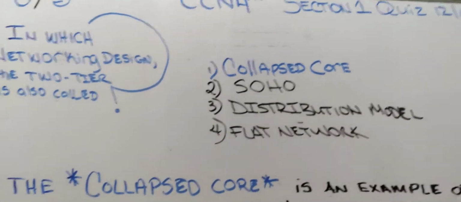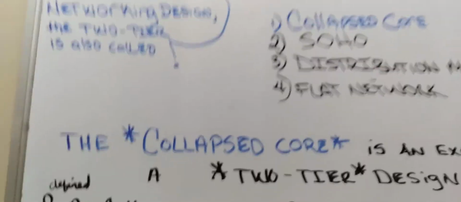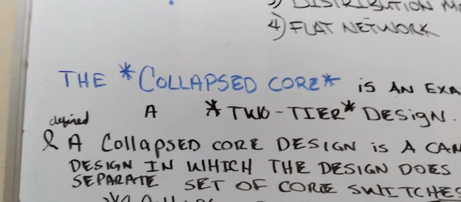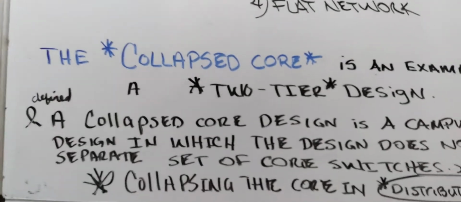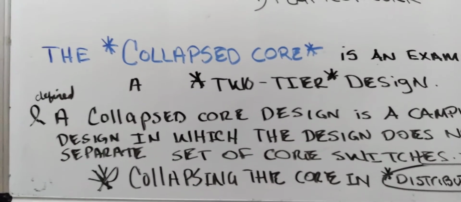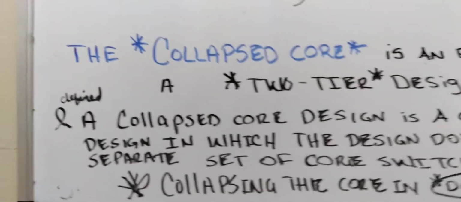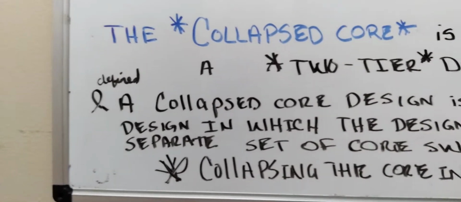The answer is in blue, collapsed core. And we discussed this a couple of weeks ago. The collapsed core is an example of a 2-tier design. And again, a collapsed core defined.